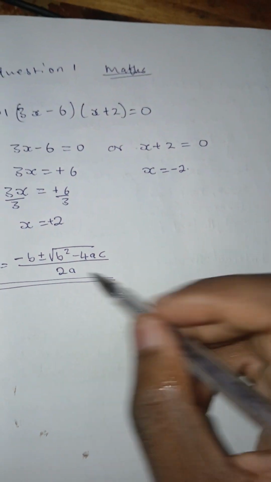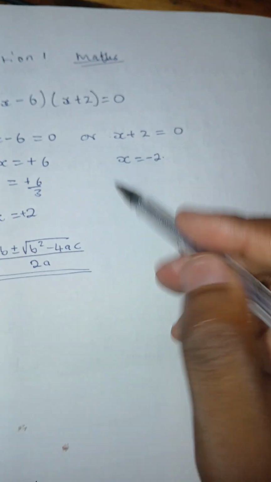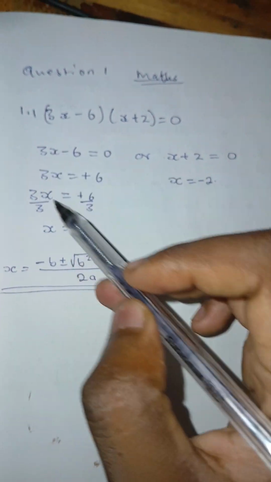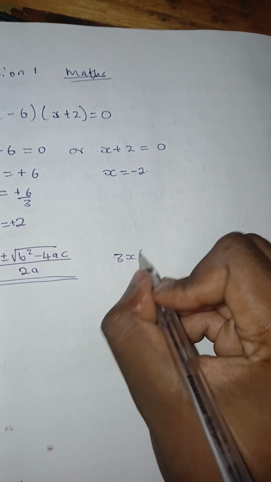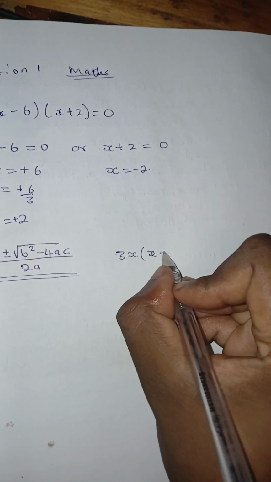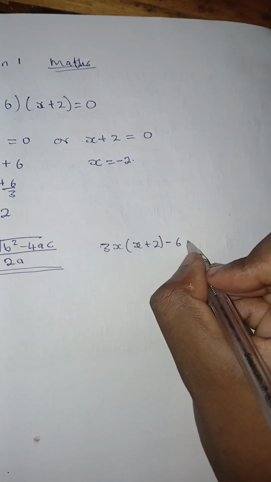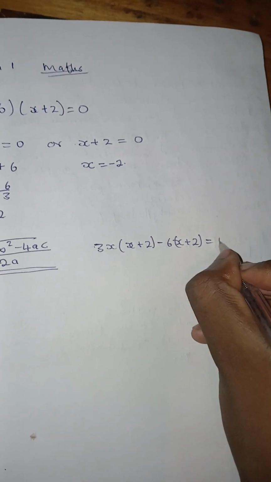Okay, then we take the same equation, and we say (3x minus 6)(x plus 2) is equal to 0.